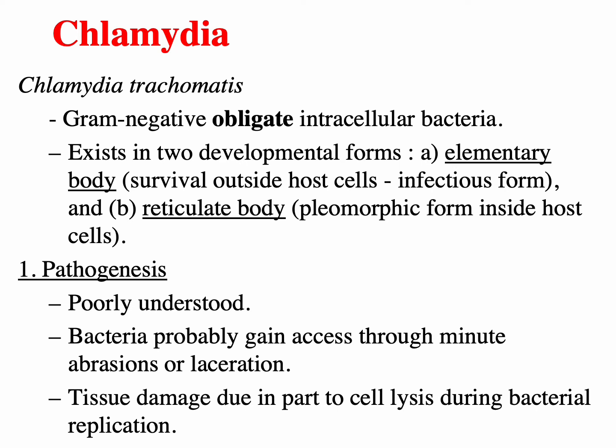So the pathogenesis of chlamydia is poorly understood. The bacteria probably gain access to the genital organ through abrasion or laceration, meaning there's some breakage in the mucosa, allowing them to penetrate the mucosa and get to the deeper tissue to start the infection.